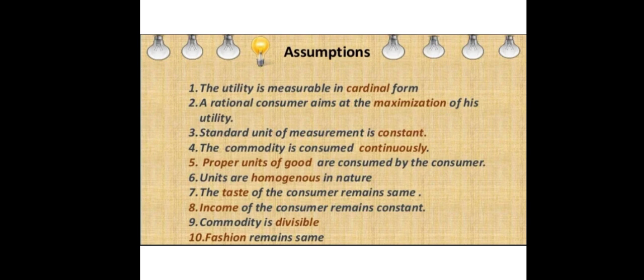So here we are measuring our utility in cardinal form, in numerical form, like 0, 1, 2, 3. तो यहाँ पे numbers की form में utility को measure किया जाएगा. If suppose I am saying I have got 10 satisfaction by eating a pizza, so my utility will be 10 utils. Utils is the unit in which utility is measured.